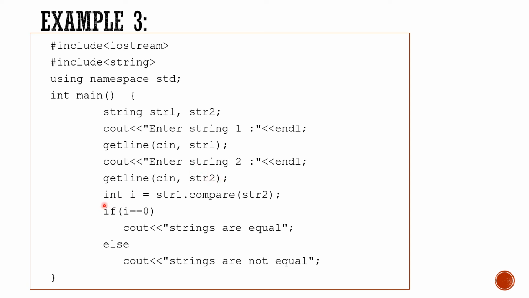Then we compare: int i equal to str1.compare(str2). The strings that have been input by the user will be compared using this statement. If i equals 0, it will display strings are equal. Else strings are not equal.